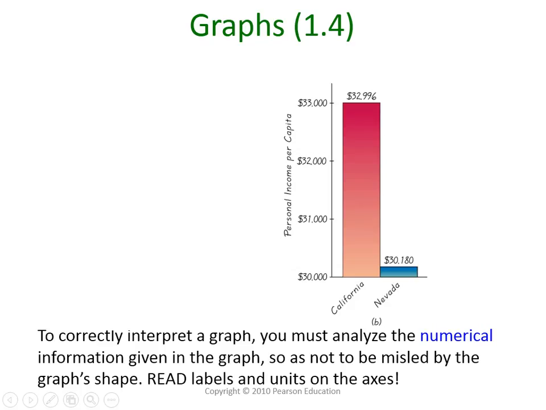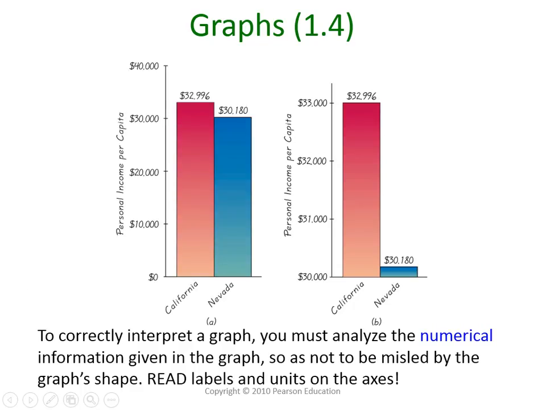Well, the problem is I'm starting at $30,000. We're comparing $30,180 to $32,996. So yes, California is making more than Nevada, but less than $3,000 more.